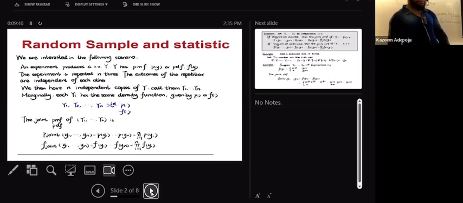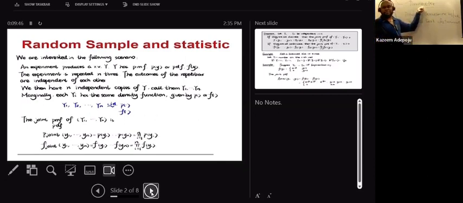Now, when I have a random sample, what am I looking for? I'm looking for a parameter, but I'm not going to get the parameter with a sample. I'm only going to get the parameter with the population.